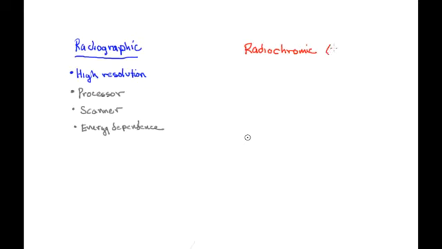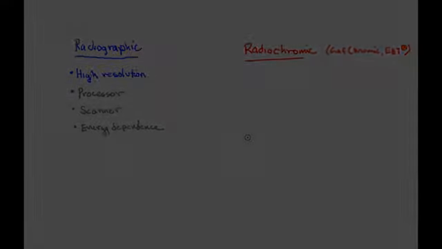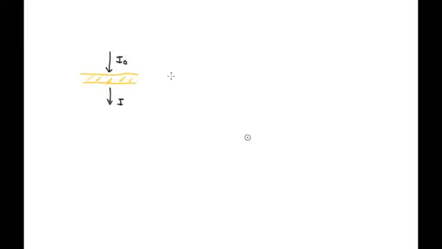So now let's look at radiochromic film. Sometimes you'll see this referred to as GAF chromic film, or EBT. Those are trademark names, so I'm going to stick to the more generic name of radiochromic. The idea with radiochromic film is the same as with radiographic: you want to get a dose-dependent darkening of the film, but the mechanism is different. In radiochromic film, you have these monomers, small molecules.